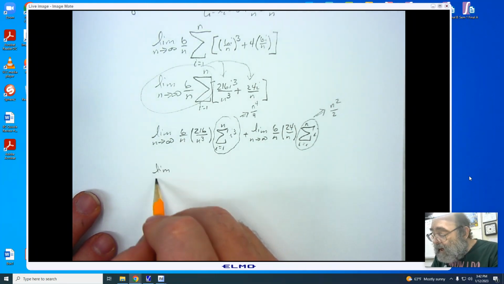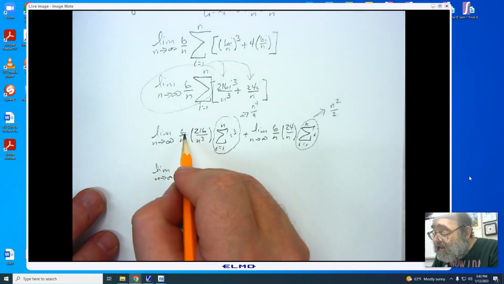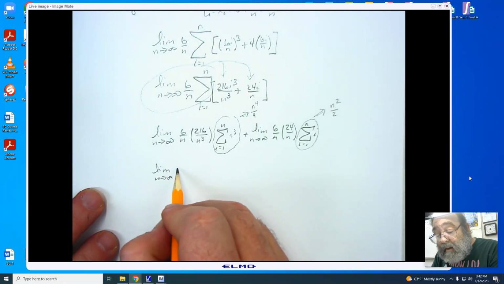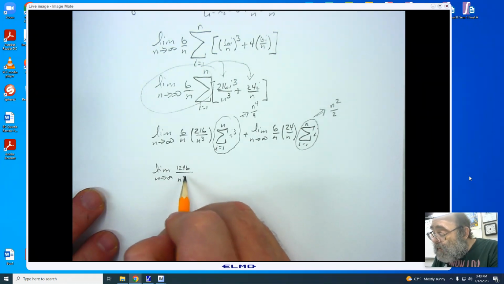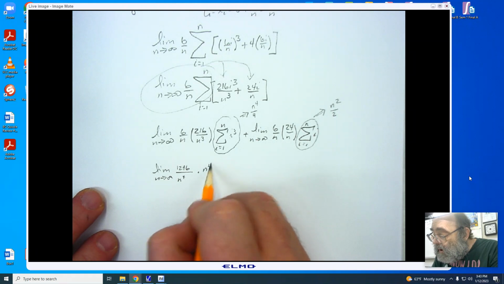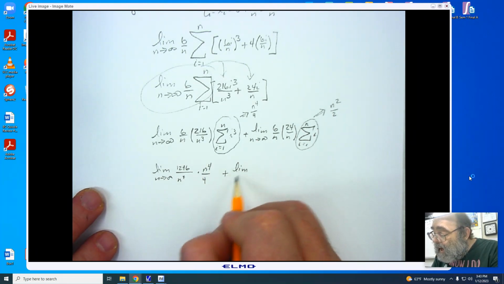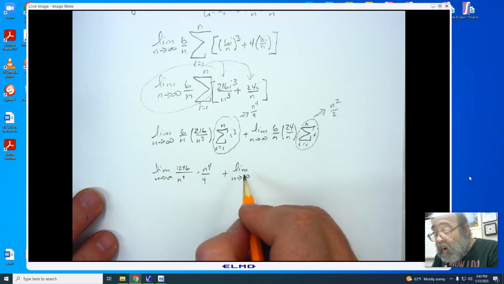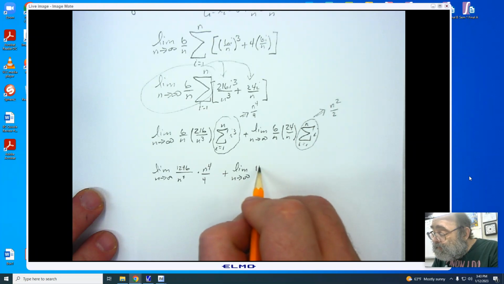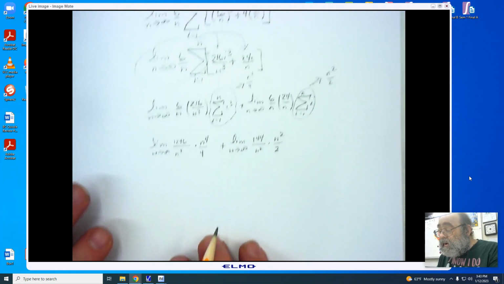The limit as n approaches infinity, and I now am going to be left with 6 times 216, which is 1296 over n to the 4th times n to the 4th over 4, plus the limit as n approaches infinity for 6 times 24 is 144 over n squared times n squared divided by 2.